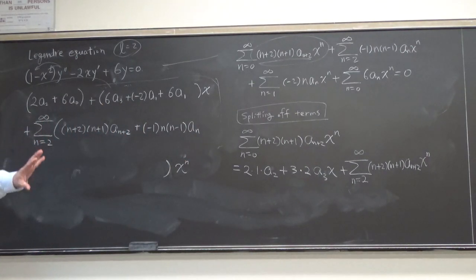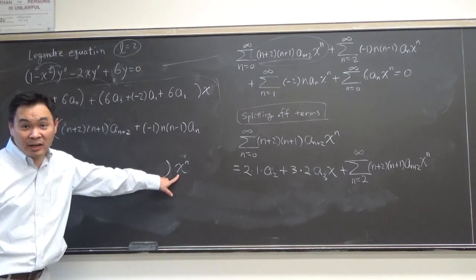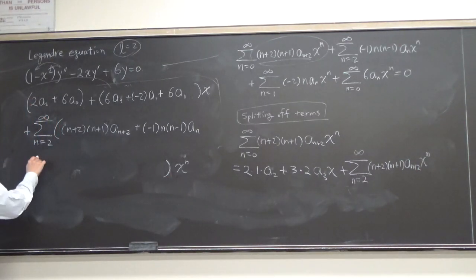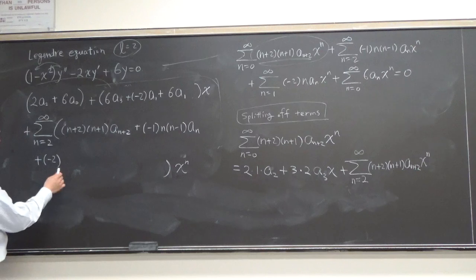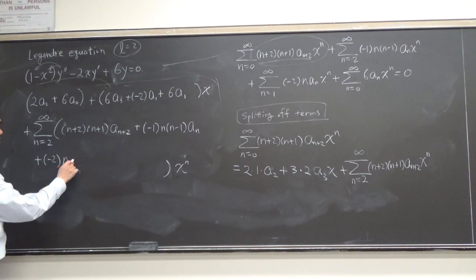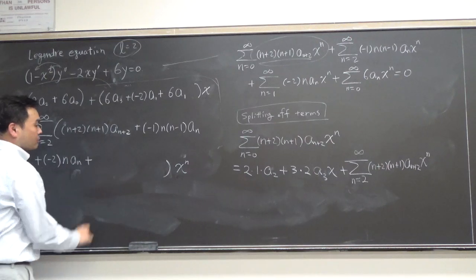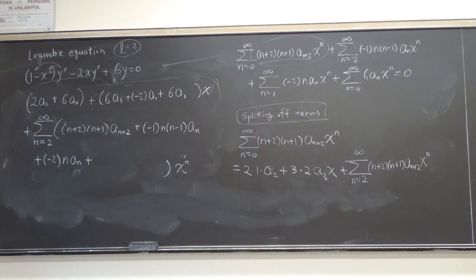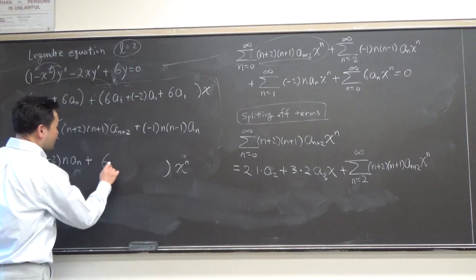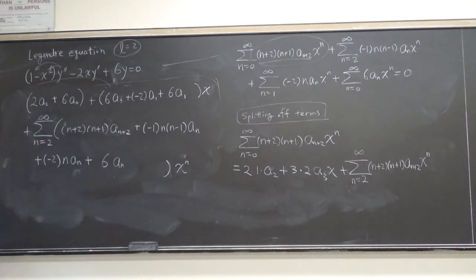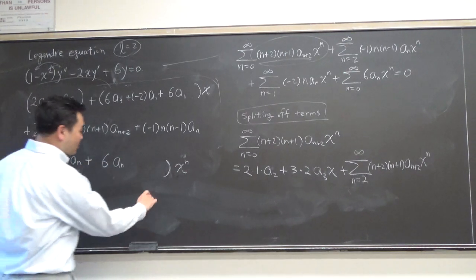Notice that I'm not writing x to the nth power because I'm factoring it out. Then plus negative 2n times a n, plus, what's the last one? 6 a n, right? So that's it. That's equal to 0.